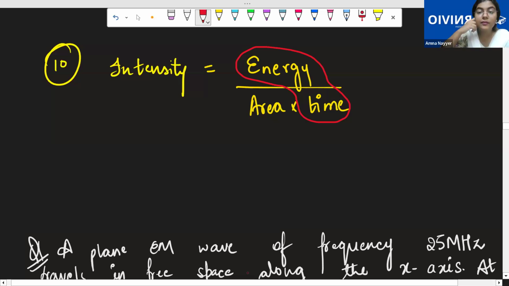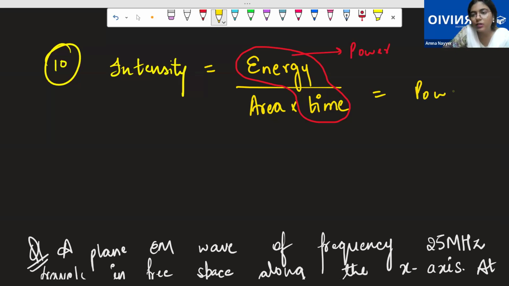Work done. Work done is energy only. Power. Very good, Alima. This part is equal to power. Power is work done by time or energy by time. So you can say your intensity is equal to power divided by the area.